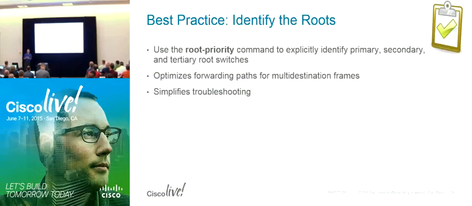So why would we want to do this? 2 reasons. First and foremost, it's simple troubleshooting. You will always know that that is my root, and all the multi-destination traffic has to go through that root, or it has to go along the tree which is rooted at that node. Now, the second thing is we will optimize how multi-destination frames are forwarded through the fabric.